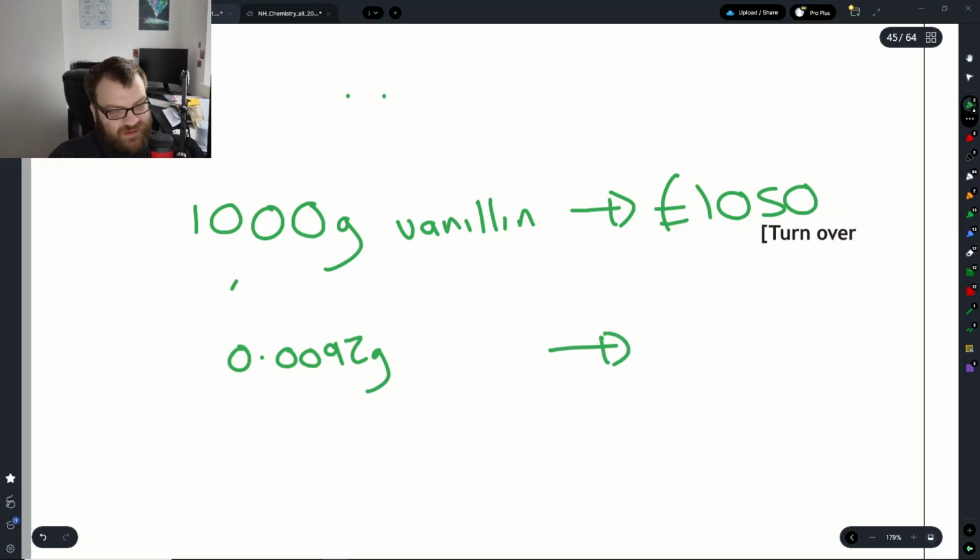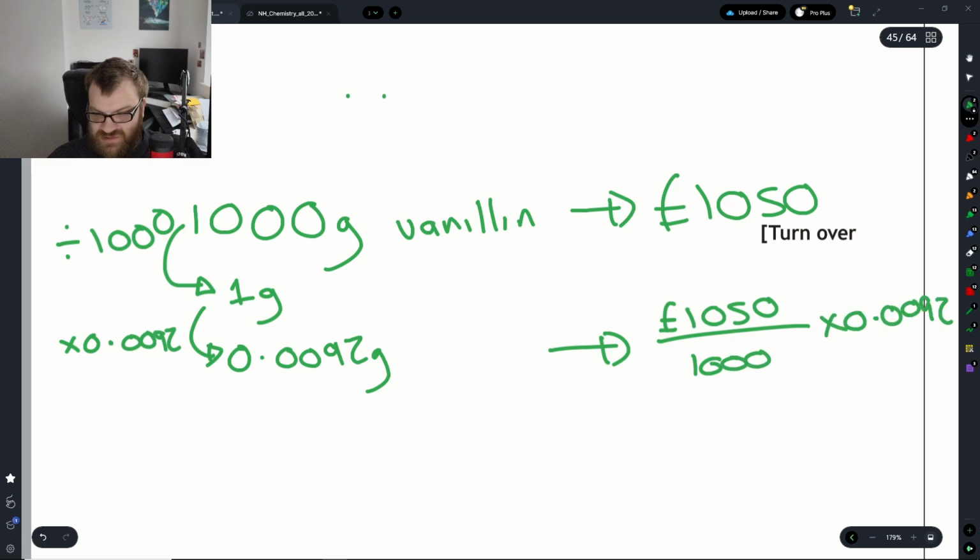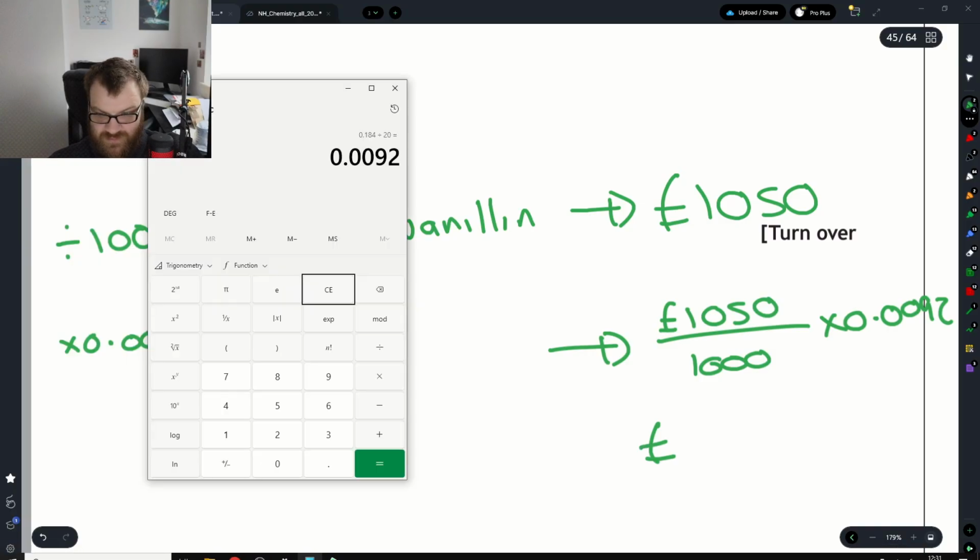Okay, so again, let's go through 1 gram this time. I know the scaling factor for the bottom part, so it's divide by 1,000, and I want to times by 0.0092. I have 1.50 divided by 1,000 times 0.092, which gives us how many pounds we've got.